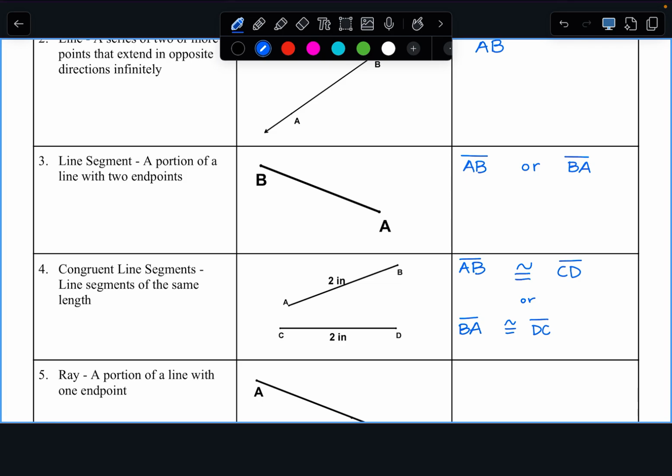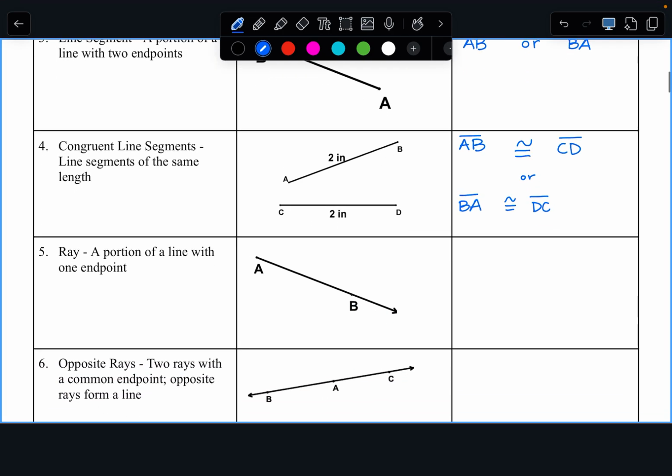A ray is a portion of a line that has one endpoint. When we label that ray, it's going to have just an arrow on the side that has the arrow with it. So this is AB.